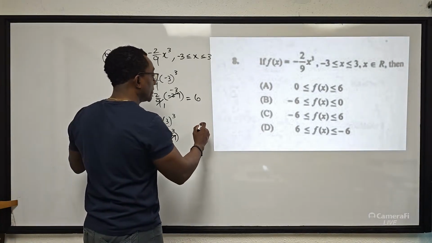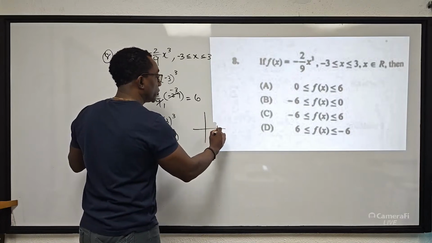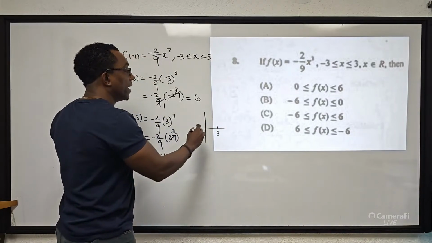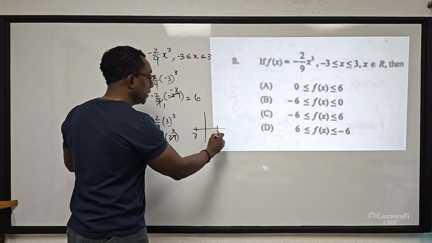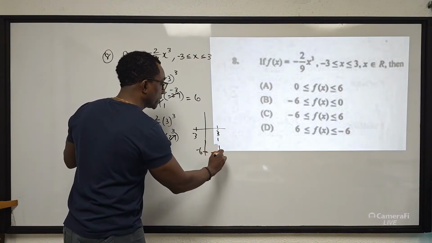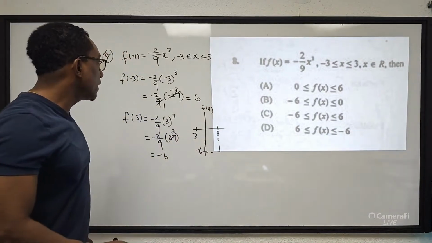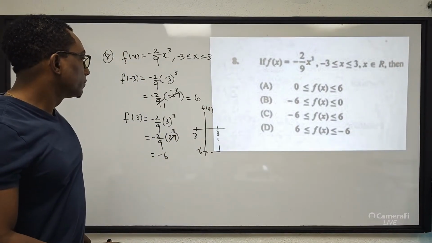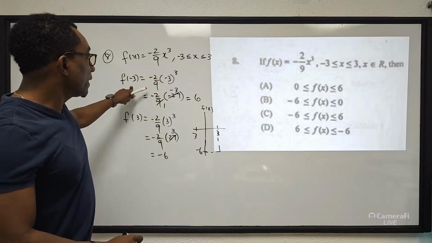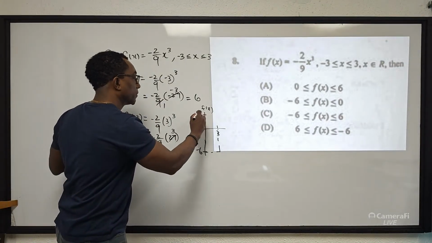So this is what we're going to be basically looking at. If you have 3, you have negative 3, right? So you're going to have 3 being linked to negative 6 along the y-axis, the f of x or y-axis, and negative 3 being linked to 6.